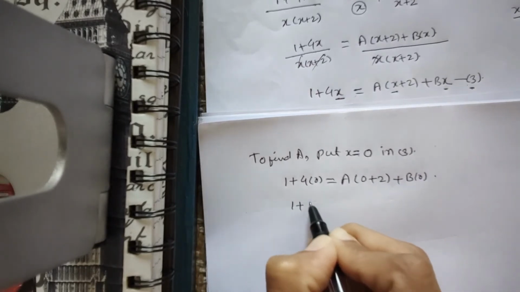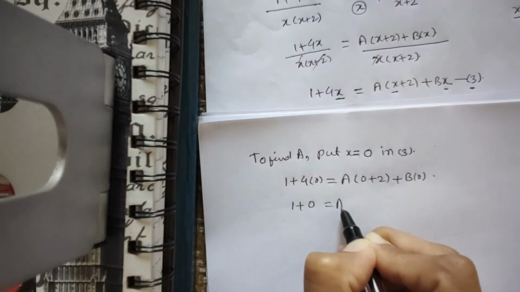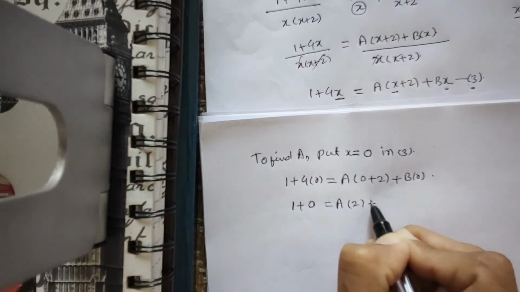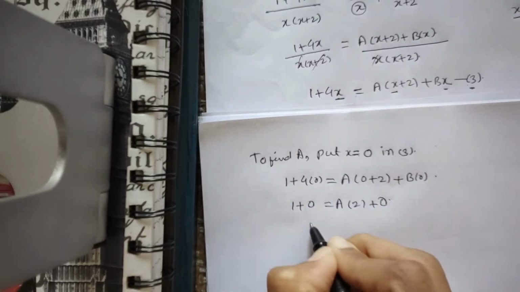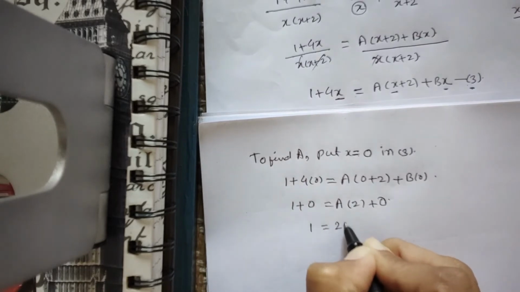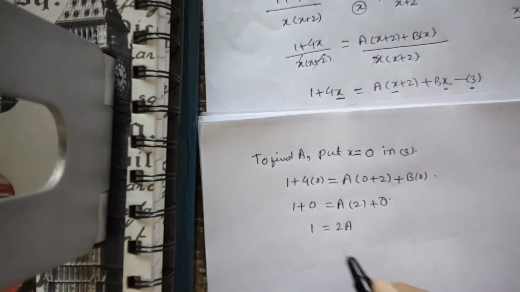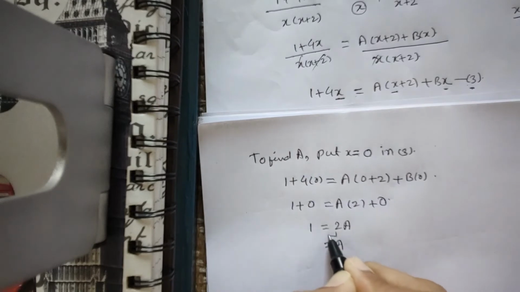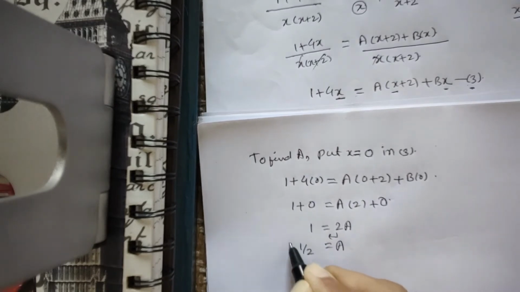So 1 + 0 = a(2 + 0). So 1 = 2a, and I get a = 1/2.